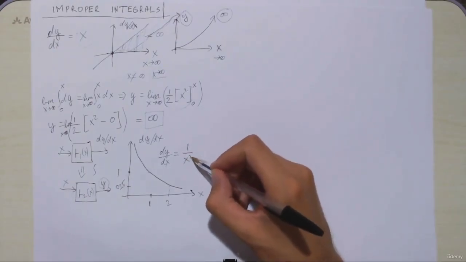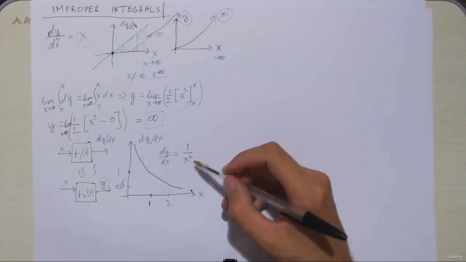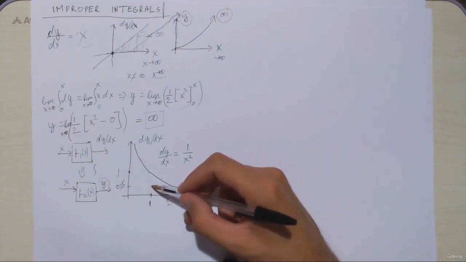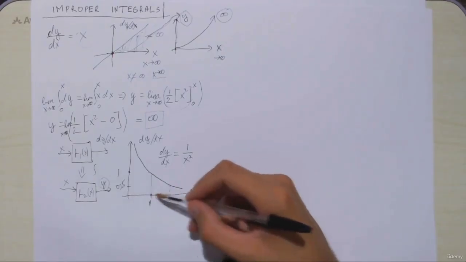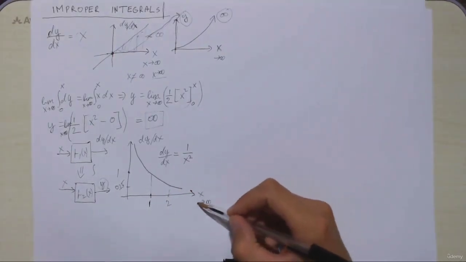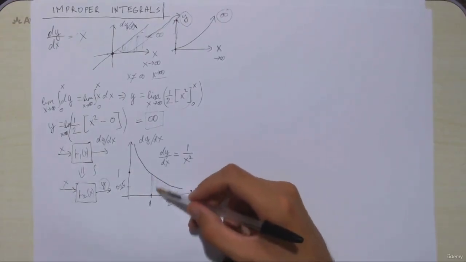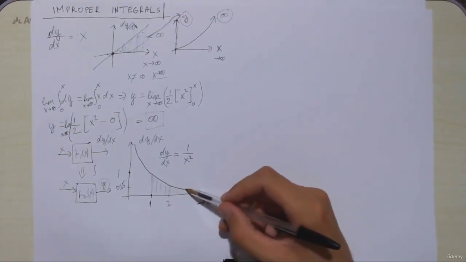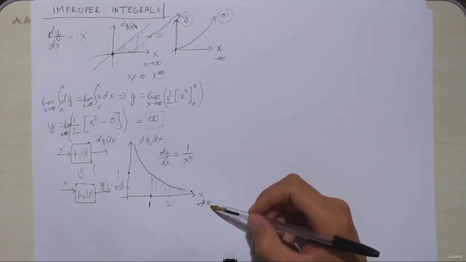1/x squared. So now this is your function, and your goal now is to find the area under the curve starting from x equals 1 up until when x approaches infinity. Okay, so starting from here, you want to know what's the area under the curve as x approaches infinity.